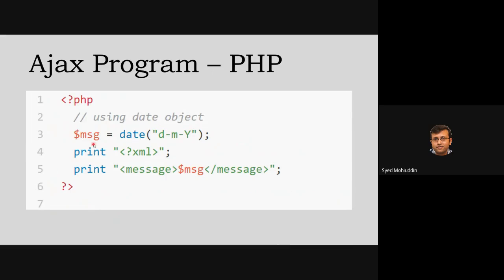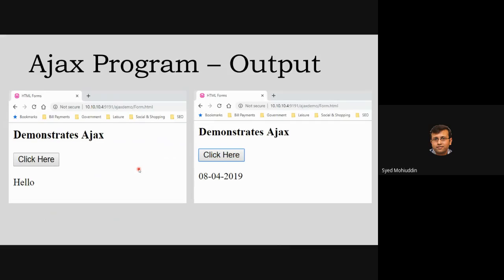Now, this is actually a PHP program, which we will understand in the fifth unit. What this does is it will simply return the current date. So this is the HTML page. We have a click here button, and this is the division tag hello. Once we click here, only this part will be refreshed.